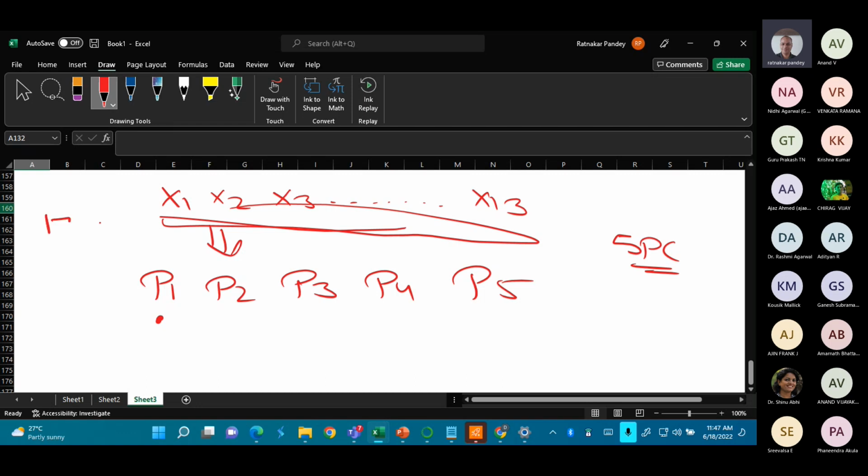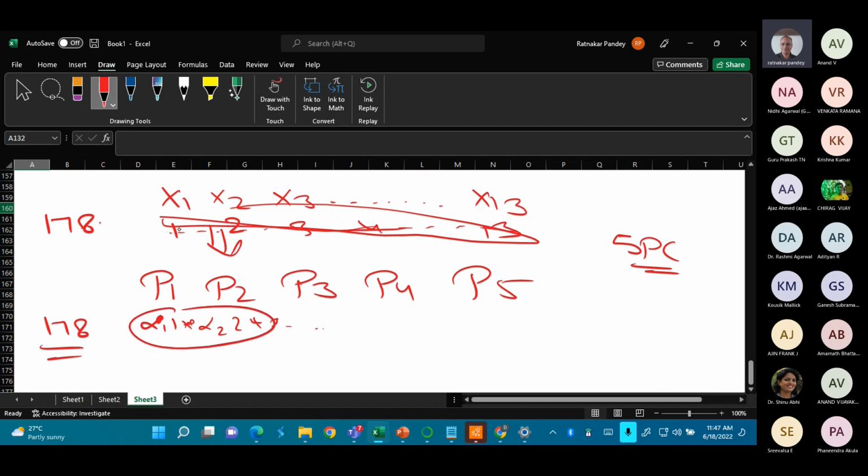So the number of rows were 178, they are still 178. But let's say these were the values I had originally, I'm just making up 1, 2, 3, 4 till 13. Now this is nothing but alpha 1 times 1 plus alpha 2 times 2 plus alpha 3 times 3, like that.